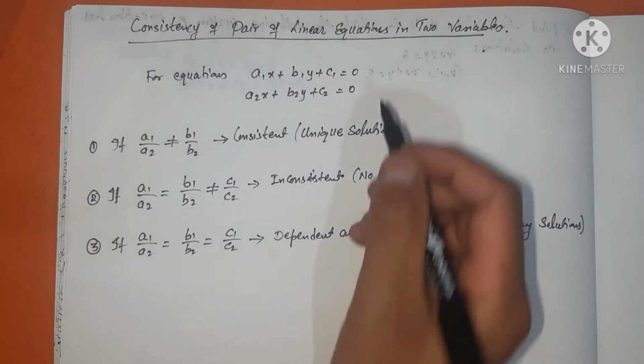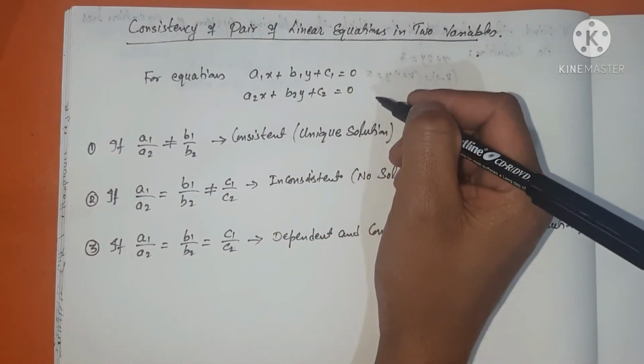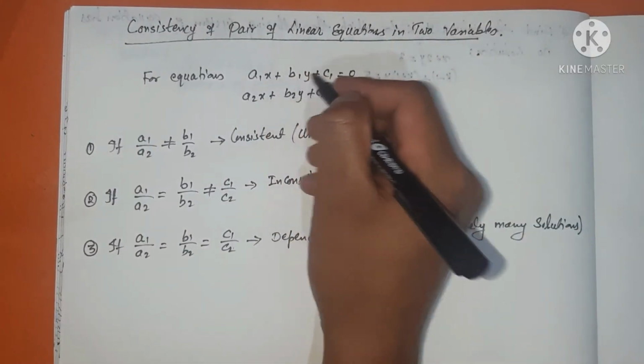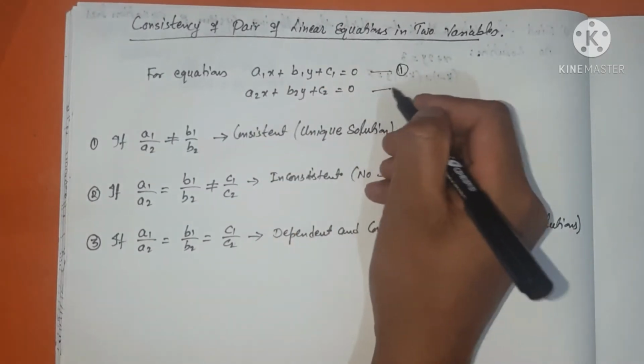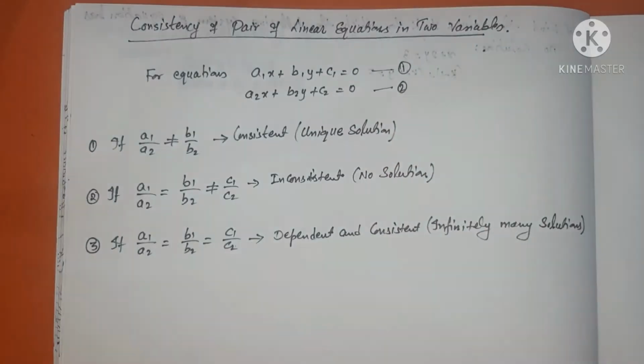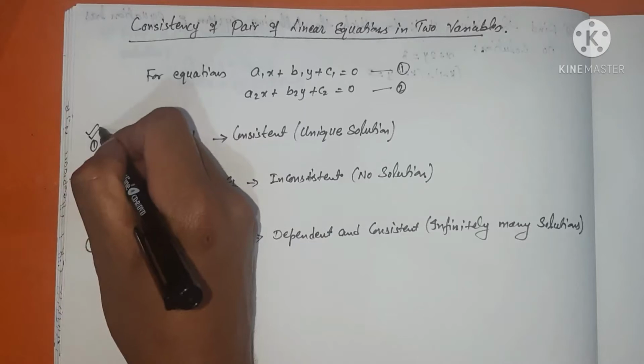Okay, now see here, suppose for a pair of linear equations in two variables, say a1x plus b1y plus c1, this is equation 1, and another equation as a2x plus b2y plus c2. This is a very important condition you should know.